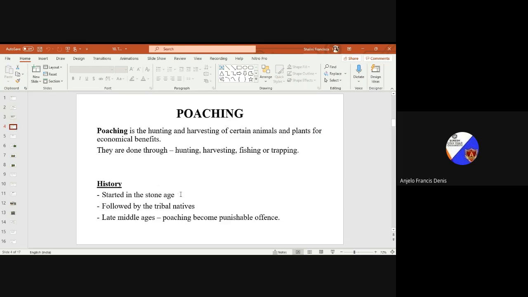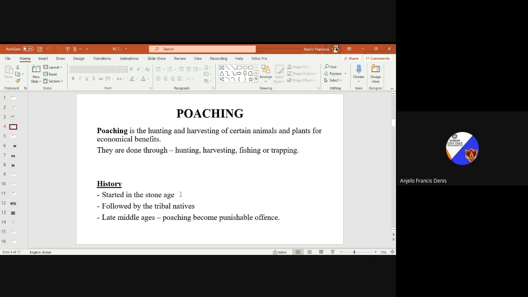So next is poaching. What is poaching? So poaching is the hunting and harvesting of certain animals and plants for economic benefits. They are done through hunting, harvesting, fishing, or trapping. When we talk about the history of poaching, it started in the Stone Age, followed by the tribal natives.